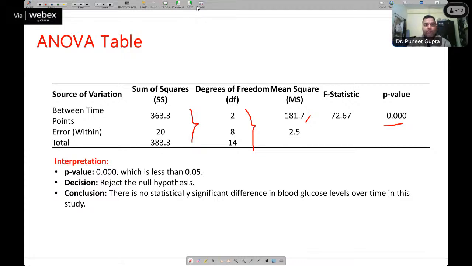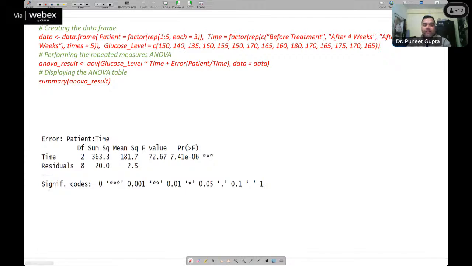Okay, so I will directly move to the R code. Here I have written the direct code. I have not written the entire thing because it takes an hour for me to write all the formulas. So the first 2 lines are for data entry and 1 line is for applying repeated measures ANOVA, right? It will give you this answer.